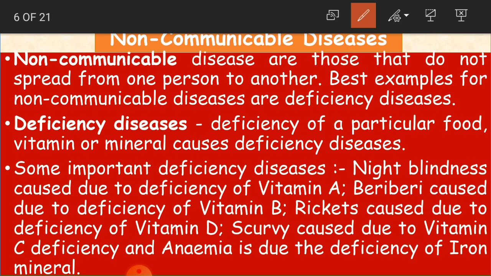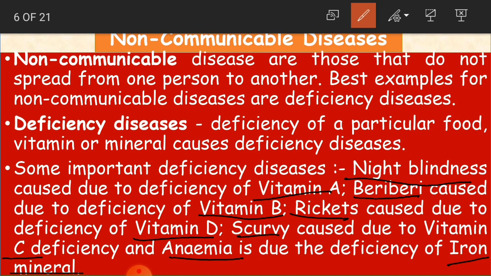So these are non-communicable diseases. Night blindness is caused because of vitamin A. Beriberi is vitamin B. Rickets is vitamin D. Scurvy is vitamin C, and anemia is iron and mineral deficiency.